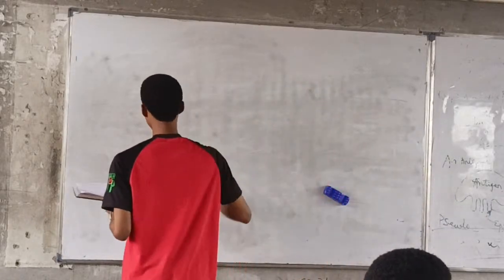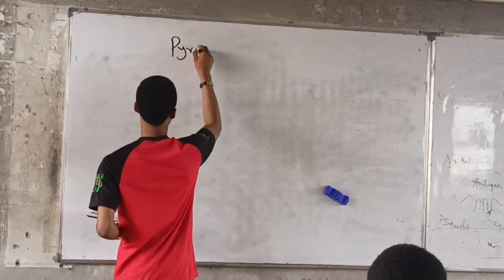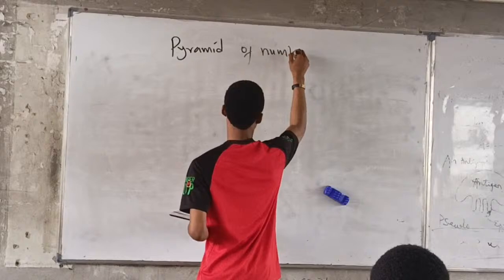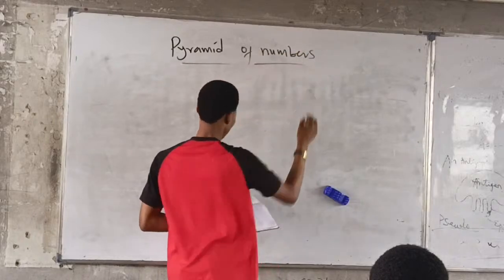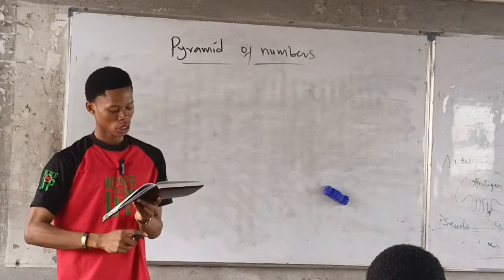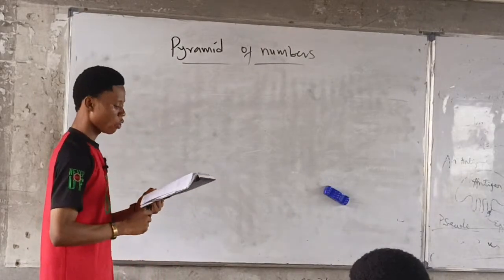All right, so pyramid of what? You said pyramid of numbers. This refers to the number of individual organisms at each trophic level of a food chain.